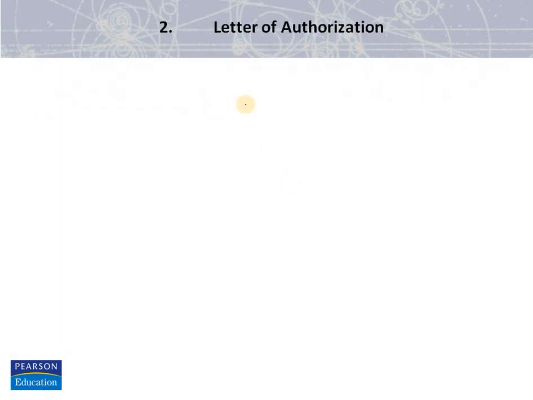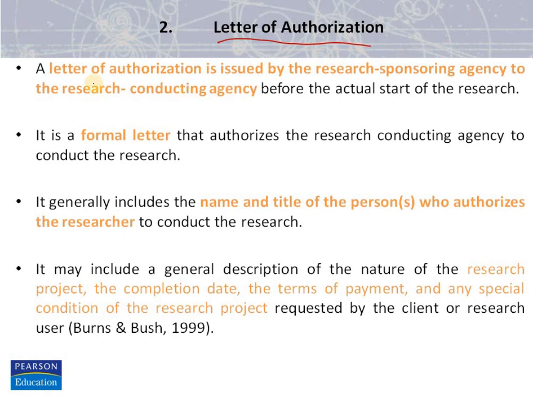The next is the letter of authorization. The letter of authorization is issued by the research sponsoring agency to the research conducting agency before the actual start of the research. Many times a letter of authorization can also be availed if specific data is collected from a specific agency.